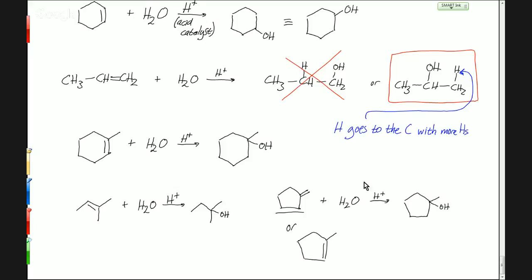See how it's similar to what we did up here? Either one works. You just got to make sure the OH is going on the more substituted carbon, the one that has the more other stuff coming off of it. Another way of thinking of that is what we did up here, that the hydrogen goes to the other side. So if the OH goes on this side, the H goes over here. Right there. And that's the addition of water.